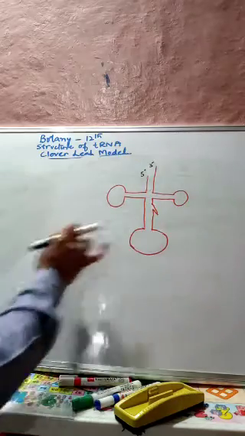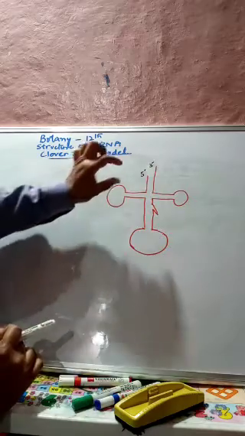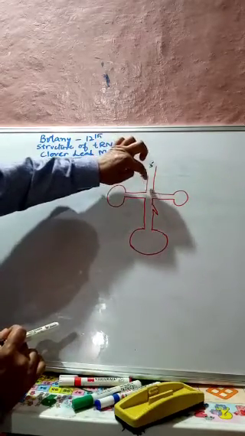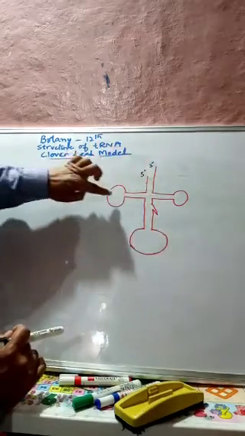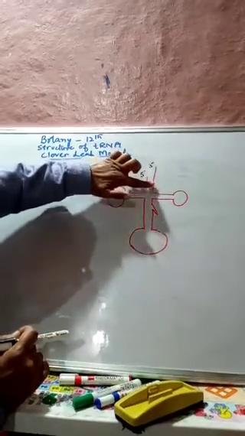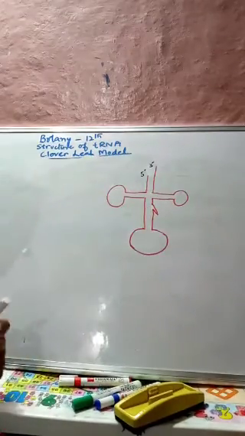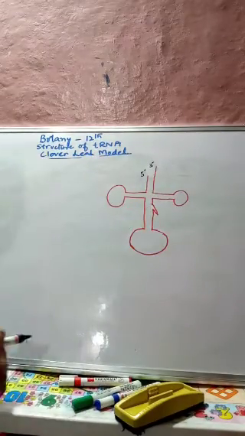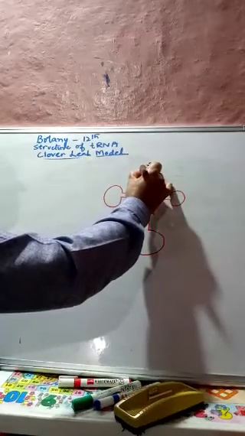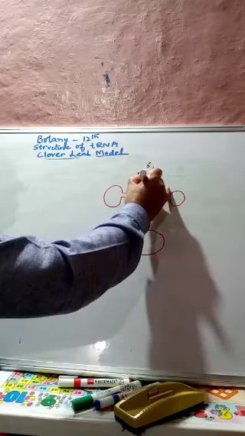And what we see here in the middle, in these arms, this is the loop. 1, 2, 3, and there are 5 arms. This is the first arm, second arm, third arm, fourth arm, and fifth arm. Now here we see these are the nitrogen bases, and between these nitrogen bases there is too much bonding.